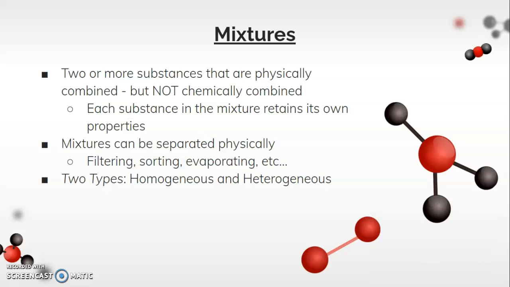They're just kind of together, not bonded together. So mixtures can therefore be separated physically through filtering, sorting, evaporating, things like that. These physical things that we can do will bring the two substances apart. When we talk about mixtures, we think of homogeneous and heterogeneous mixtures.